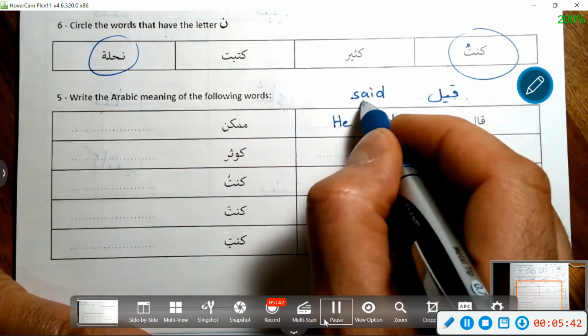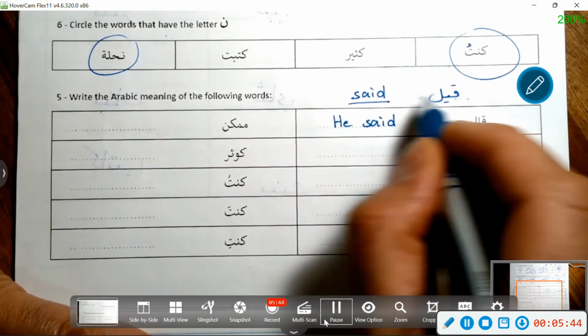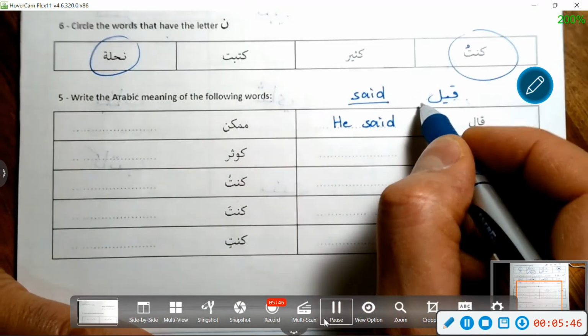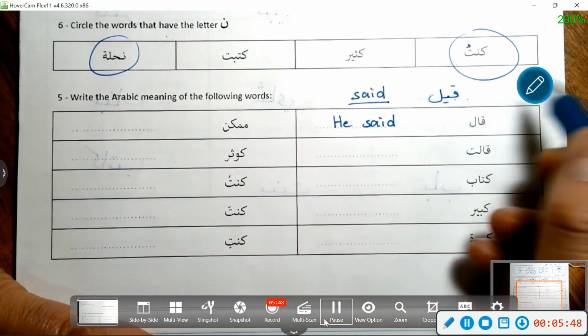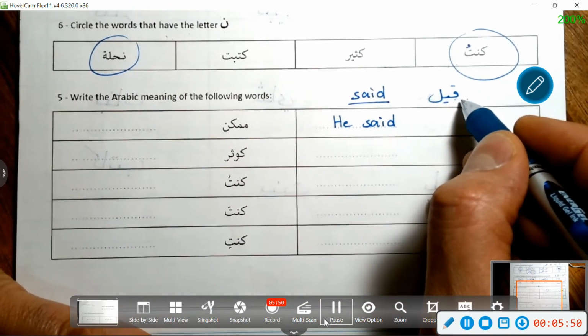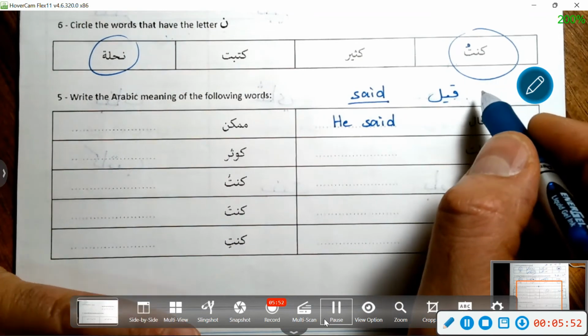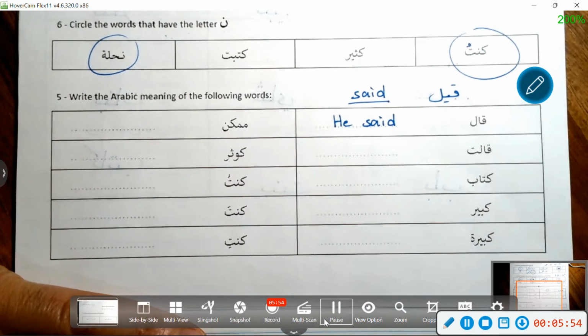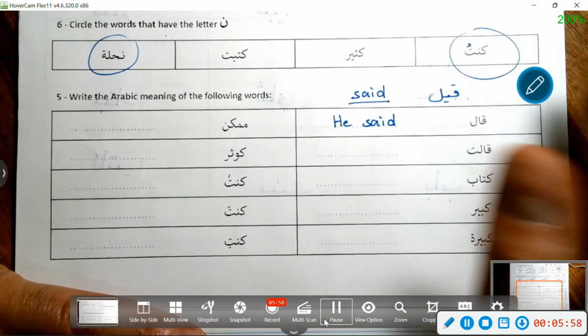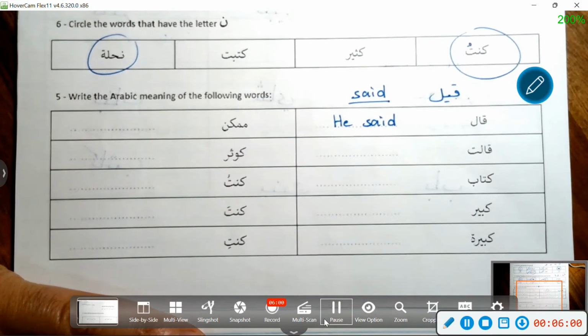So I'm not going to consider this wrong because you're not there yet. We haven't studied the passive form of the verbs. So I'm going to accept that, but the correct meaning is he said.